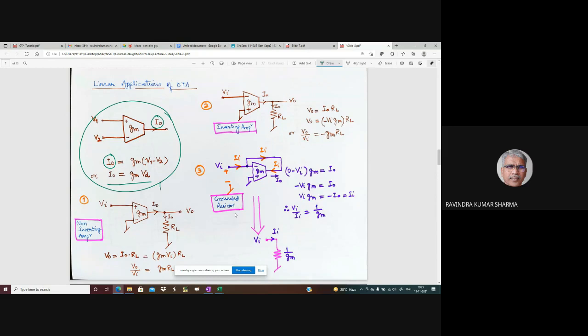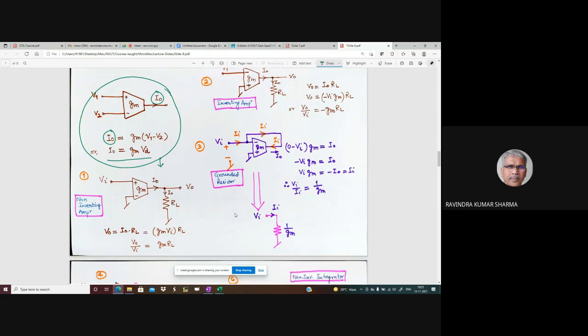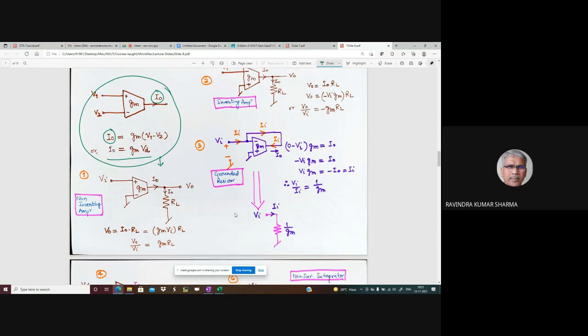Now the very first application, look below, that is the non-inverting amplifier. Correct? So what will be VO? Output voltage here, VO will be I naught into RL. And I naught will be how much? I naught will be GM times VI. This is the differential voltage, which is VI.